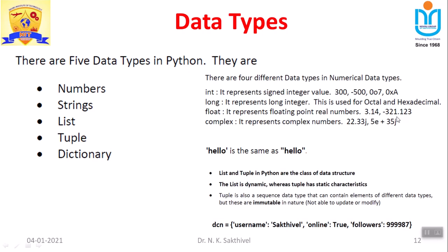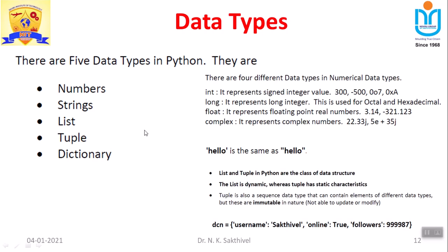The other one is a complex number, for example 22.33j and 5e plus 30. To manipulate and calculate complex numbers we can use them. So under numbers we have 4 types: integer, long integer, float and complex numbers.